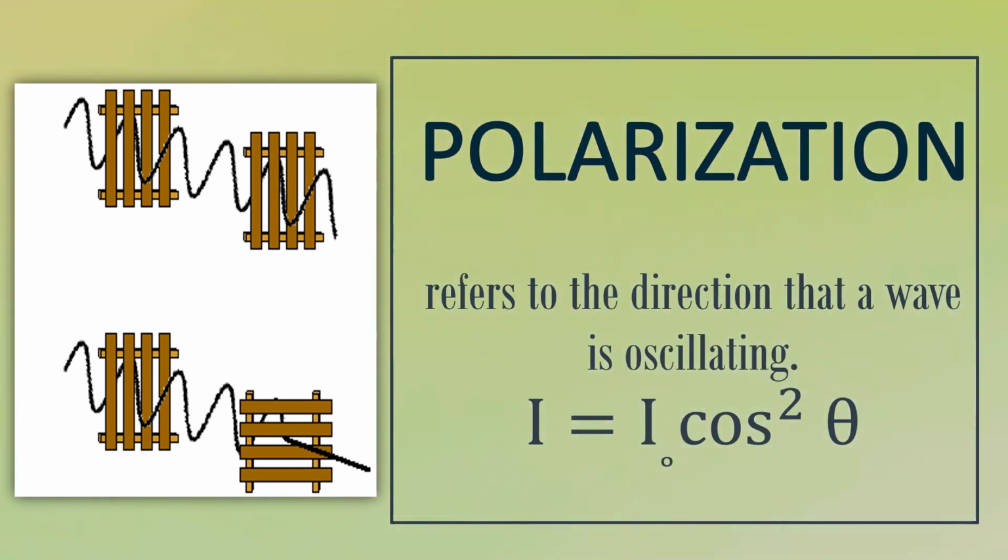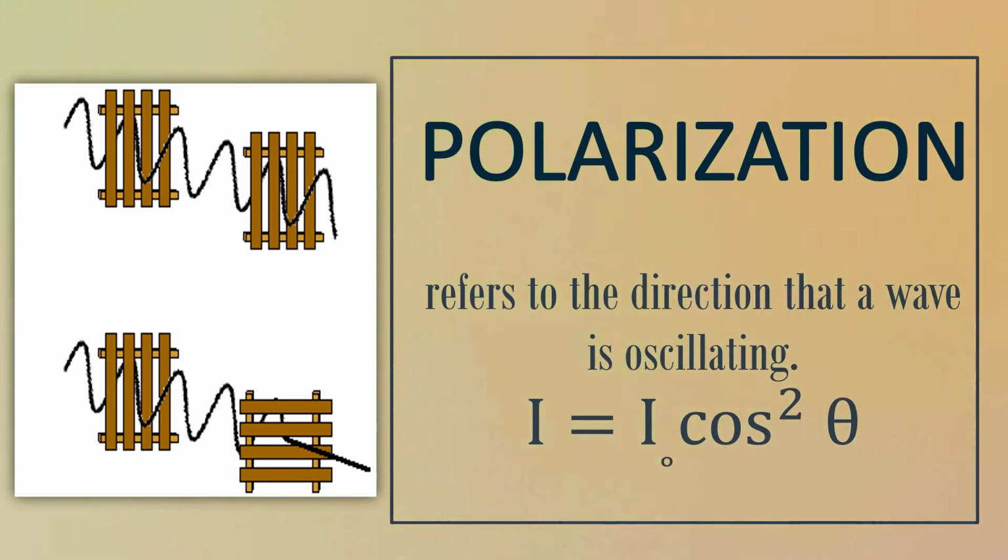While polarization refers to the direction that a wave is oscillating. Now we have here a figure that shows a string vibrating up and down. This wave is already linearly polarized. Now we put two fences along the length of the string to represent the polarization process.